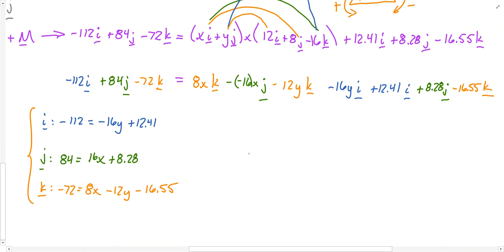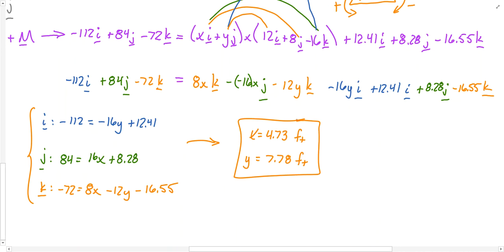Just looking at them, it should be apparent that you would take the i equation and the j equation because they're not coupled. The i equation has only y in it, and the j equation has only x in it. So if you solve it, you'll find that x is equal to 4.73 feet, and that y is equal to 7.78 feet. If you solve the third equation, it would tell you the same thing.